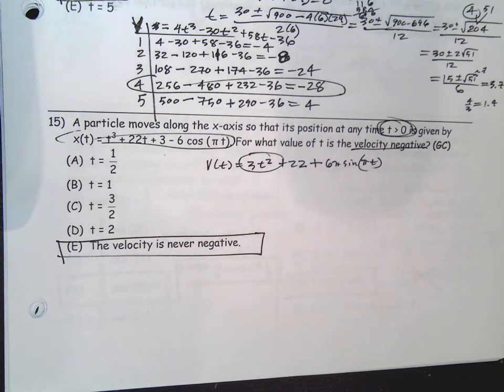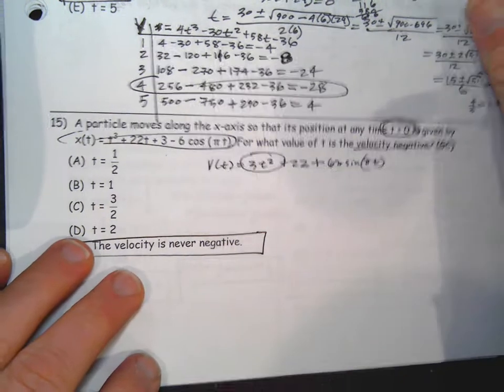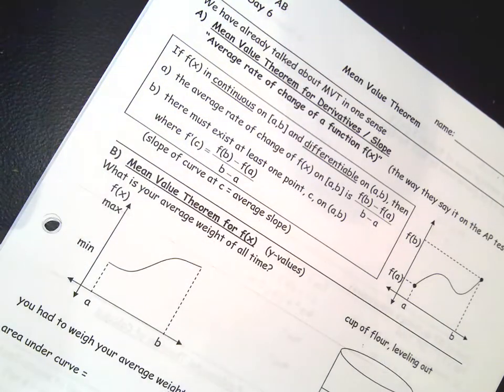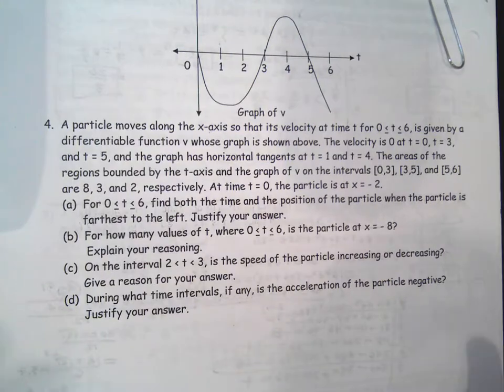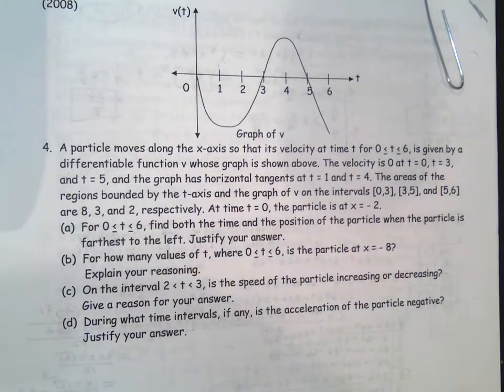Yeah, we have a free response problem here that is no calculator. Graph of v: a particle moves along the x-axis, so its velocity for times t from 0 to 6 is given by a differentiable function v.